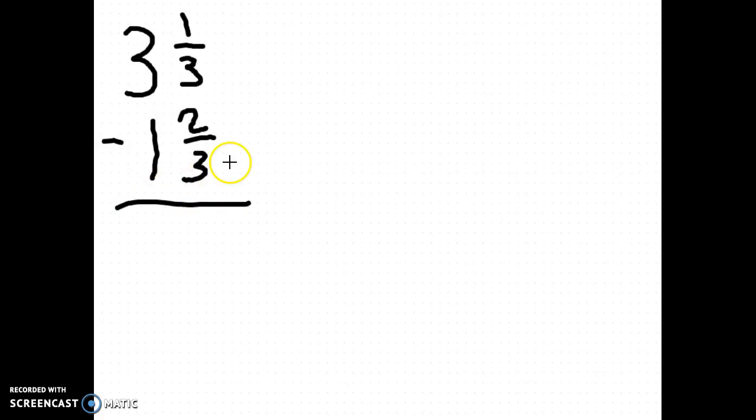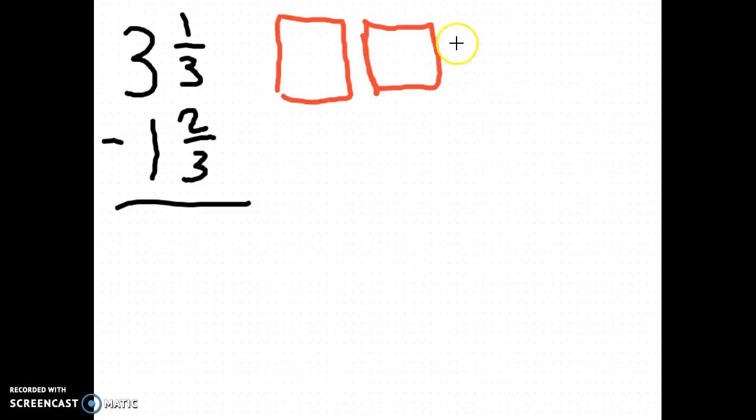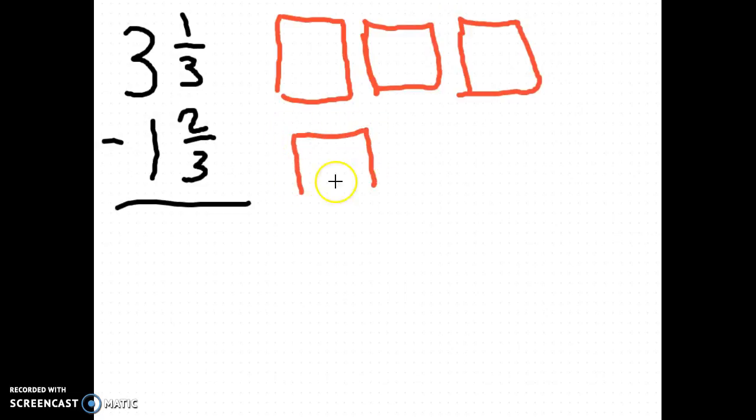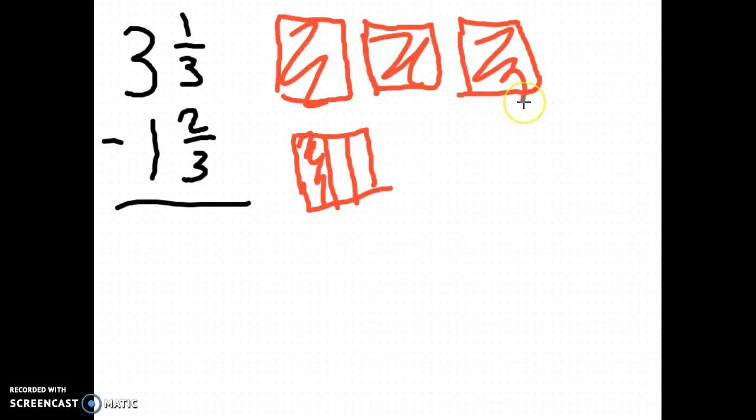An example of a subtraction problem where we would need to regroup would be 3 1/3 minus 1 2/3. Now, 3 1/3 as a model, you would have 3 whole and a third of another. So we would need to take away 1 2/3.